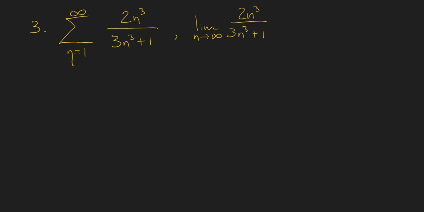Now, since we have the same highest powered exponent in the denominator and the numerator, an n cubed, we know that the limit as n approaches infinity of this will just be equal to the ratio of the coefficients of the highest powered exponent. We have a 2 in the numerator and a 3 in the denominator, so that will equal 2/3.